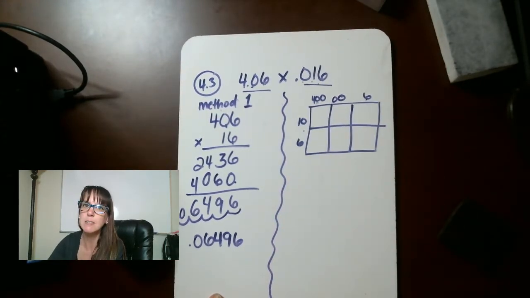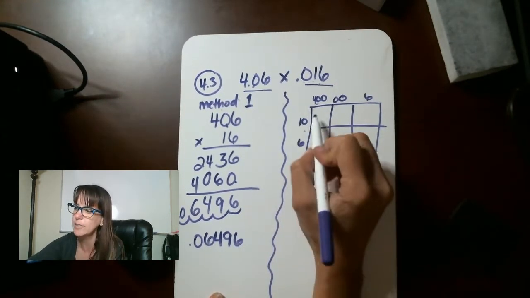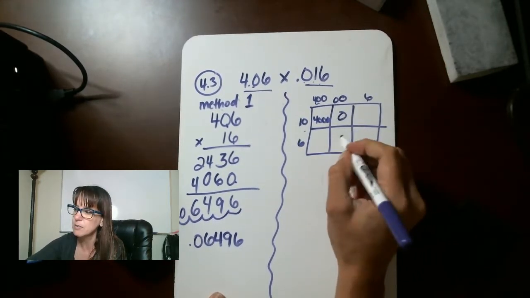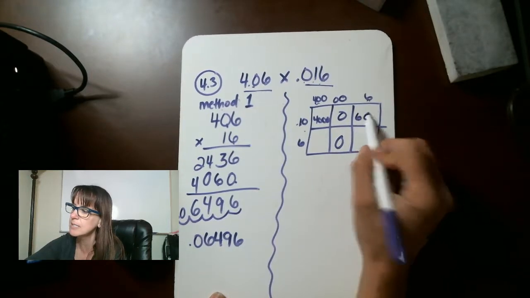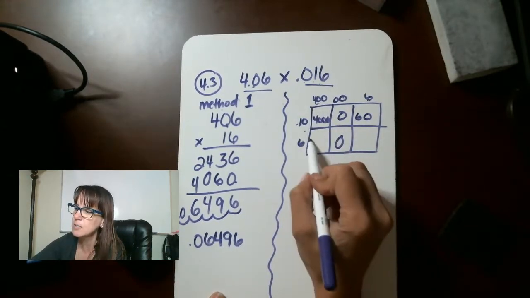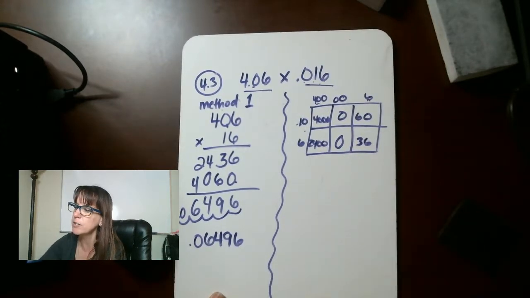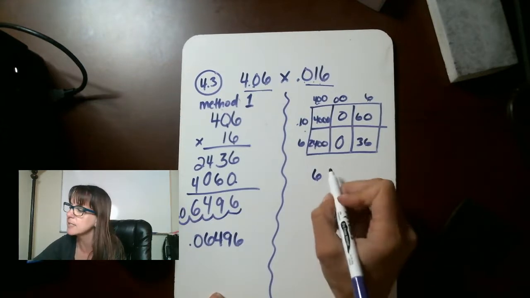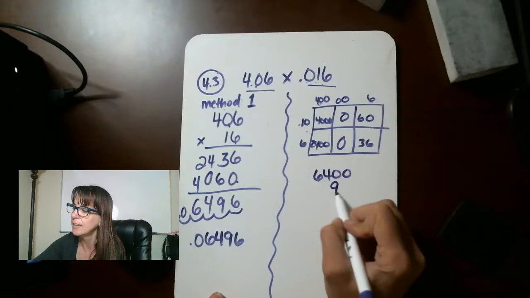Now what we do is we multiply. So we have 400 times 10. So 4 times 1 is 4 with 3 zeros. 6 times 10 is 60. 4 times 6 is 24 with 2 zeros. 6 times 6 is 36. Good. Now we're going to do some mental math here. 24,000 and 6,400. 60 and 36 is 96.